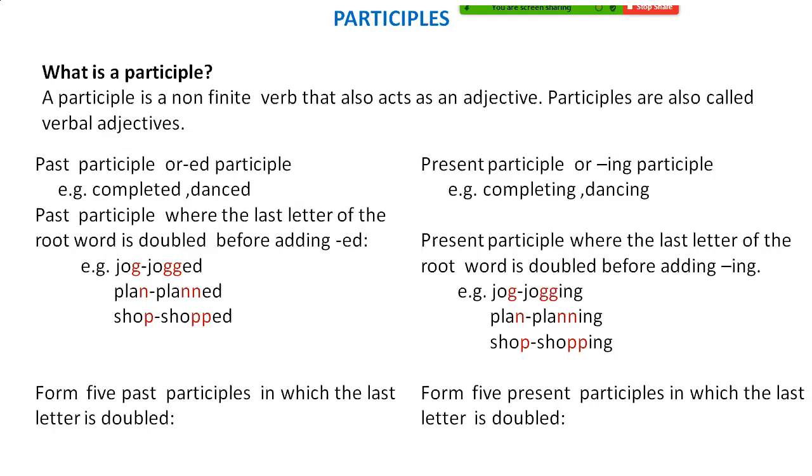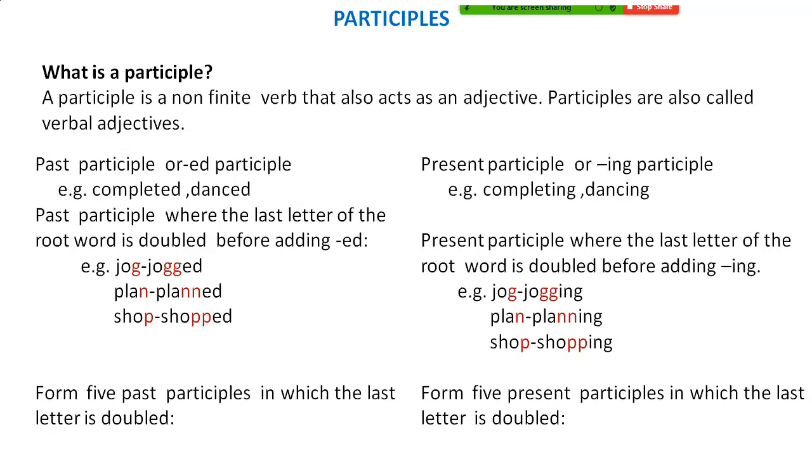Now the last letter of jog is again G. It is doubled before adding ing to form the present participle of jog, that is jogging. Similarly, in the word plan, the last letter is N. This letter N has been doubled before adding ing to form the present participle of the word plan, that is planning.